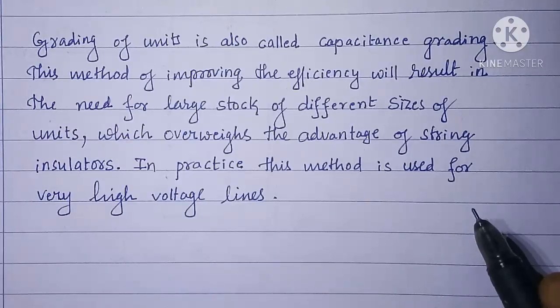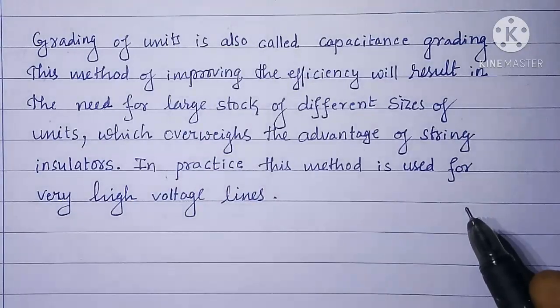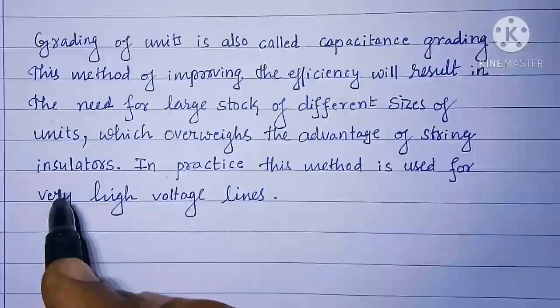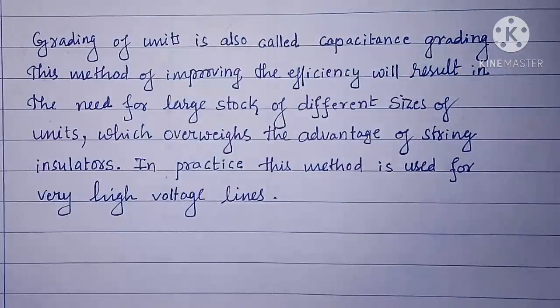that in the stock we should try to have always different sized units in a large number. That means cost of the stock will increase, and this cost overweighs the advantage of string insulators.